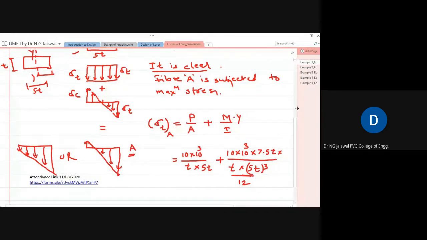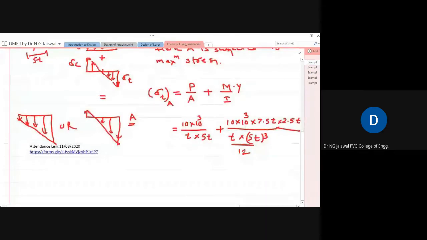So I will write here 2.5t. This becomes my.